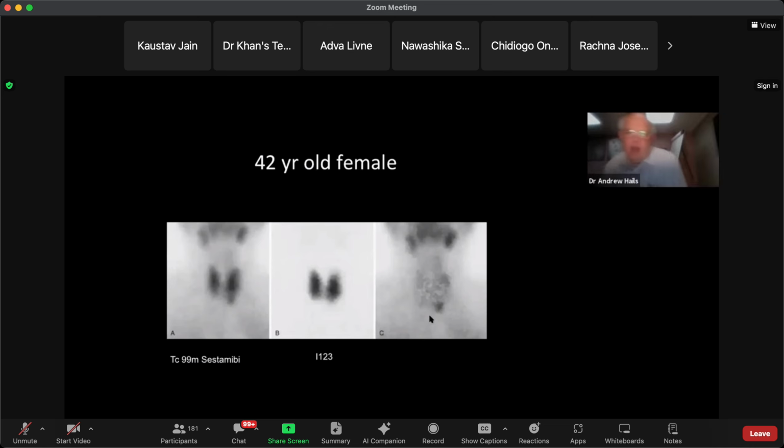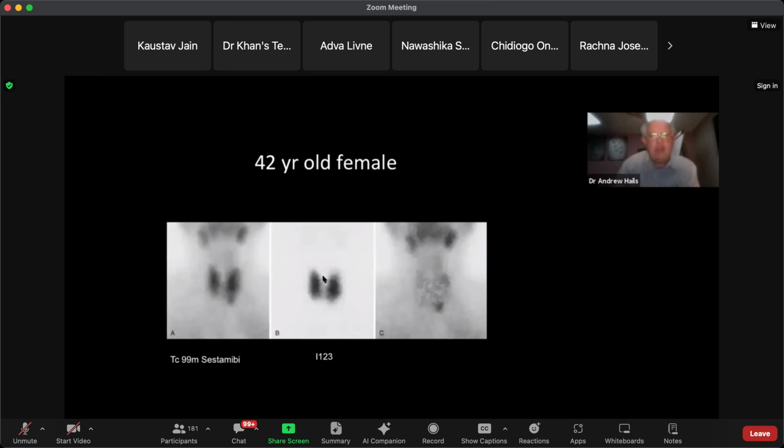I haven't really explained this, so I'll explain it now. It is an enlarged parathyroid, that's true. But the thing is that this is Sestamibi, which is taken up by the thyroid gland and the parathyroid glands. Then in the middle we've got I123, which is taken up just by the thyroid.